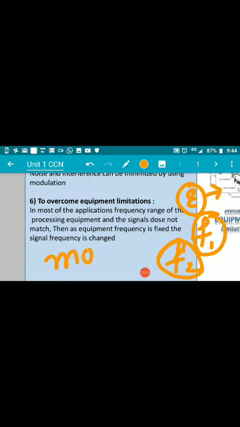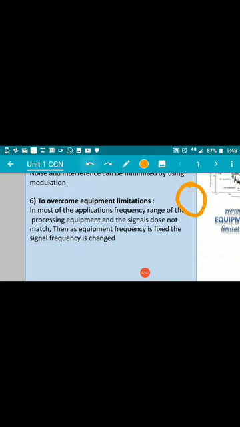This modulating signal's impression is put onto the frequency f1, and the frequency f1 can work very well with my equipment. In such a way, to eradicate the equipment limitations, we make use of modulation.